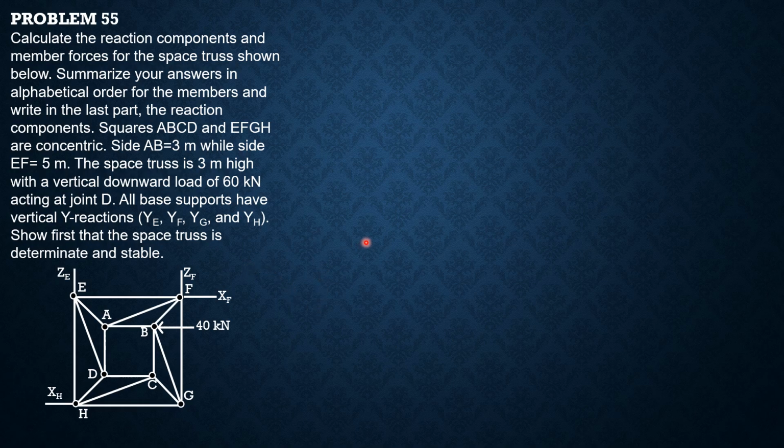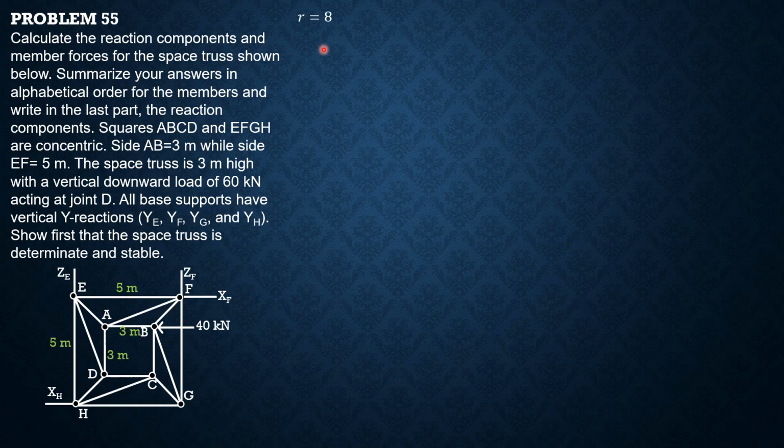First, for the reaction components, 4 vertical reaction components plus 1, 2, 3, 4, so that makes it 8. Then for the bars, 4 outer, 4 at the top, and 2, 4, 6, 8, so 16.